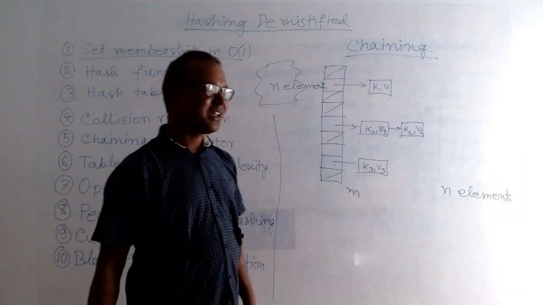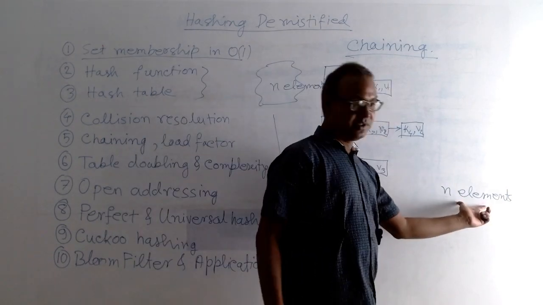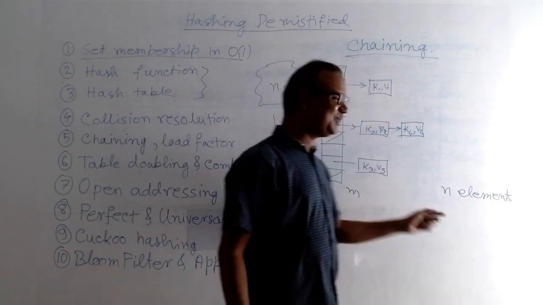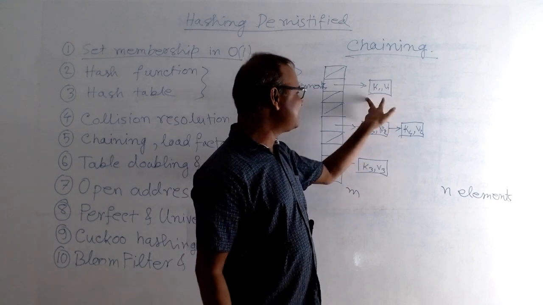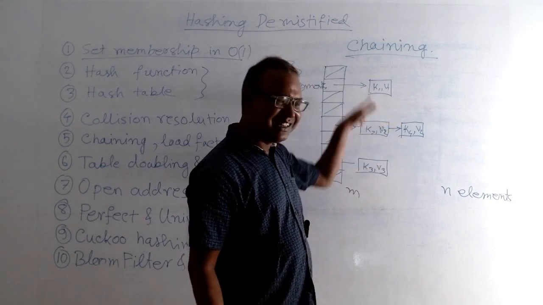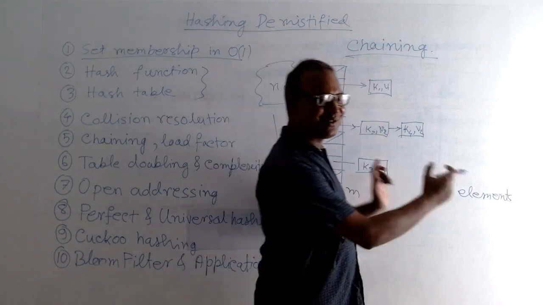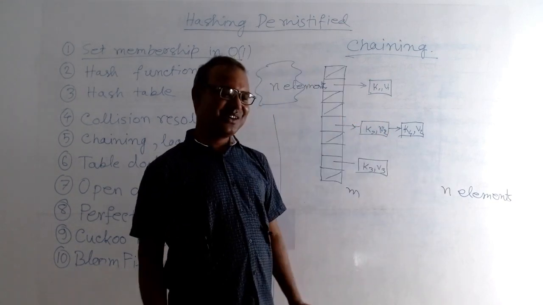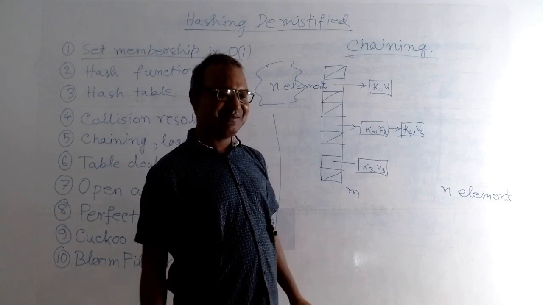Because there are n elements, if we add the length of this chain, the length of this chain, and the length of all the chains, there will be a total of n elements.